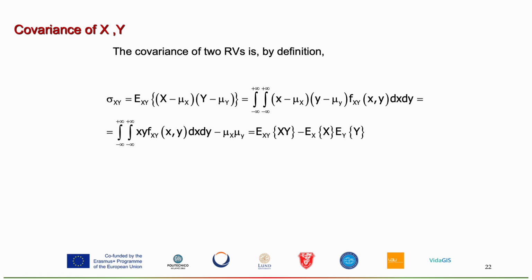This can be written also by unpacking the two brackets as the double integral from minus infinity to plus infinity of x y that multiplies the joint density function of x y in dx and dy minus the product mu x mu y. Or, if you want, it is the expectation of x y minus the expectation of x that multiplies the expectation of y.